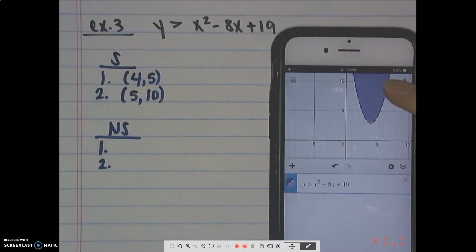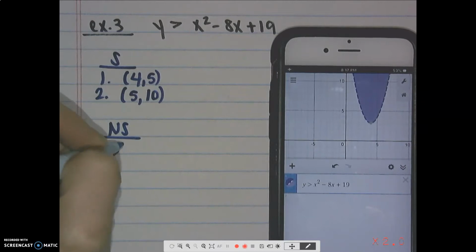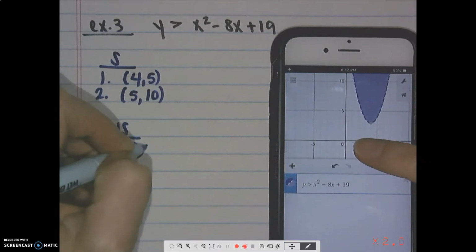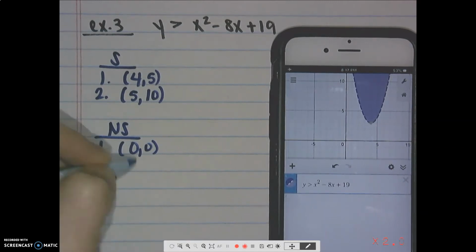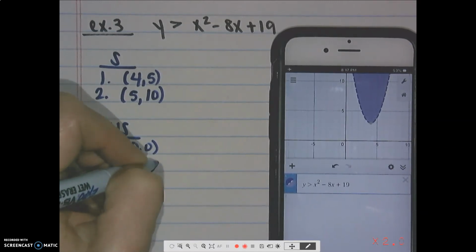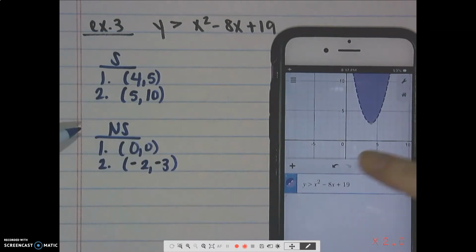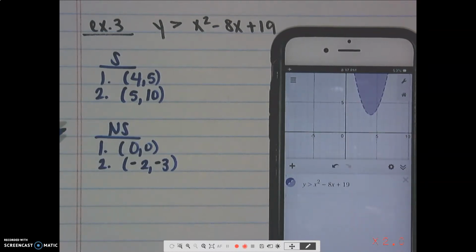The point 5, 10 is right there in the shaded region, so that works. A non-solution here, again, 0, 0 is the easiest point to pick out that's not in the shaded area. Also -2, -3, down over here, not in the shaded region either.